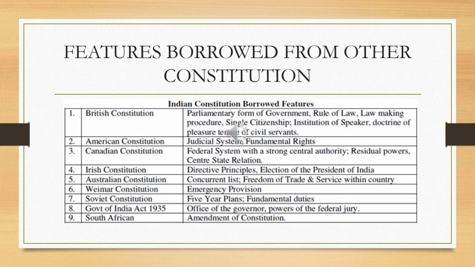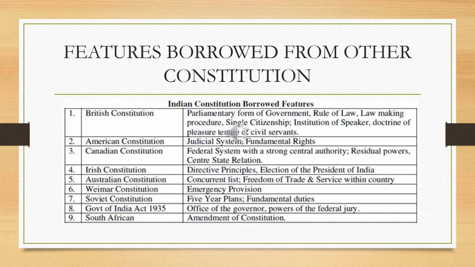Means just one single citizenship is applicable in India. Next one is the institution of the speaker. Now you all know that the speaker plays an eminent role in Lok Sabha. Then the doctrine of tenure of civil servants, that means related to permanent executives. So these are the things we had borrowed from the British constitution.